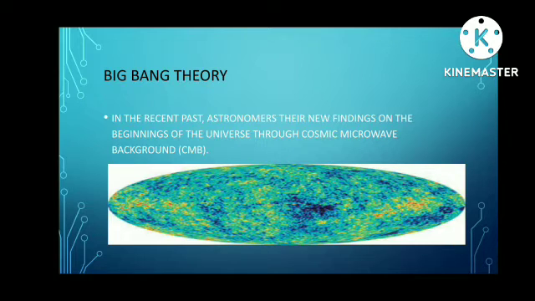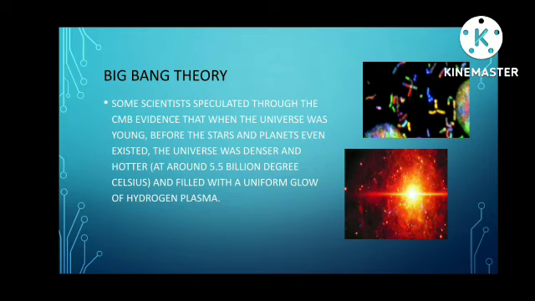It is a background radiation. So some scientists speculated that through the CMB, this evidence shows when the universe was young. Before the stars and planets even existed, the universe was denser and hotter.